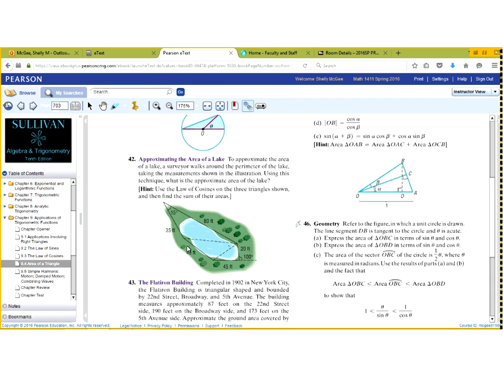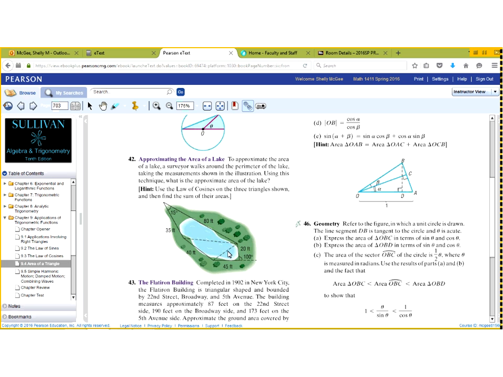So I can find the missing side of triangle 1 to get the missing side for triangle 2. I can use the law of cosines on triangle 3 to get the other missing side of triangle 2.